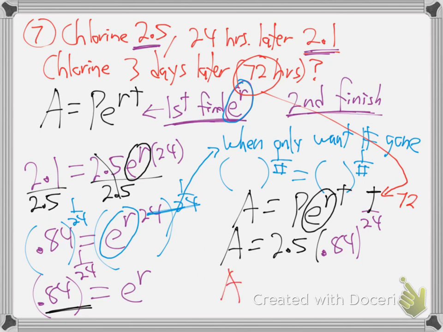I'm getting the amount of chlorine to be 1.48176. There it is. That's the amount of chlorine, the parts per million, 3 days later, 72 hours later. Does that make sense? Were you able to get that on your calculator when I plug in that 72?